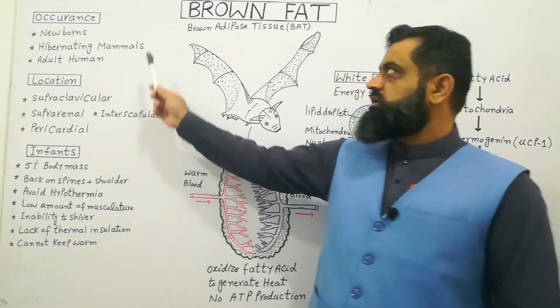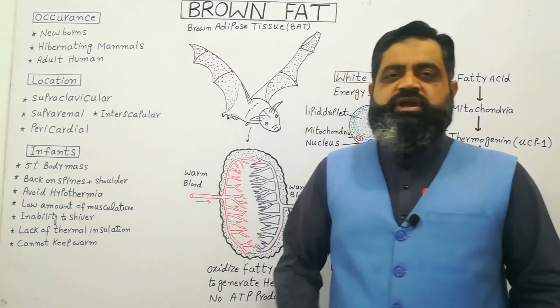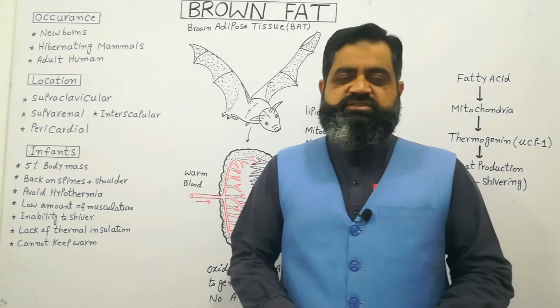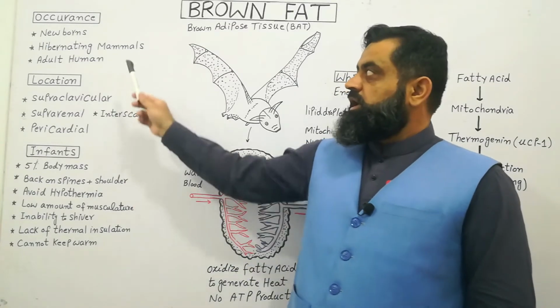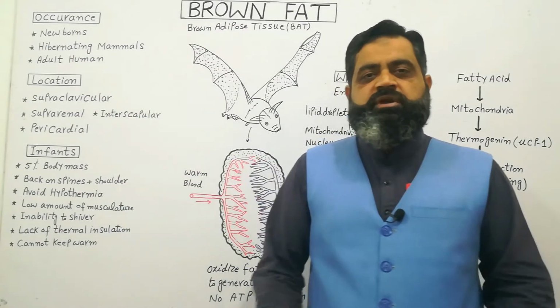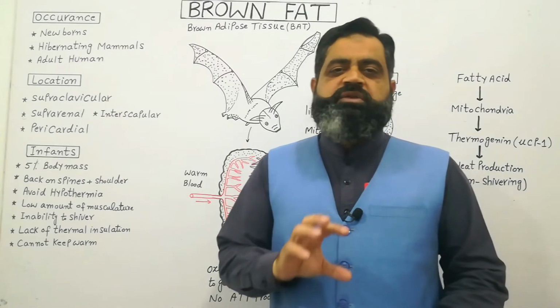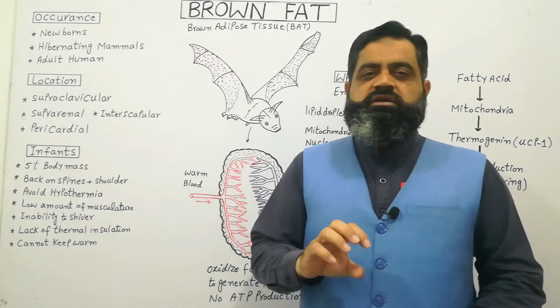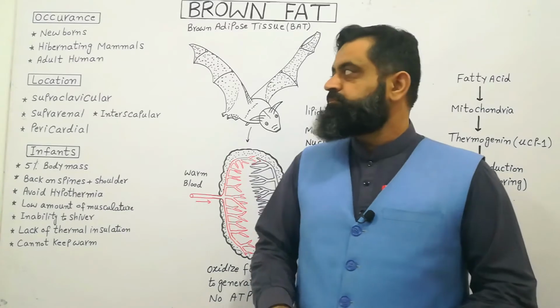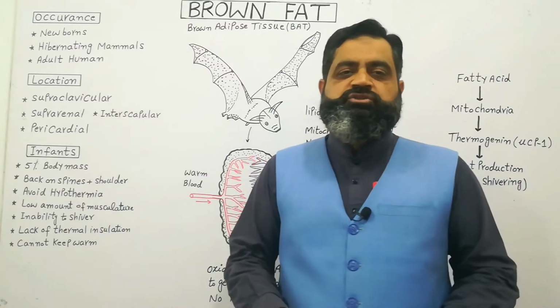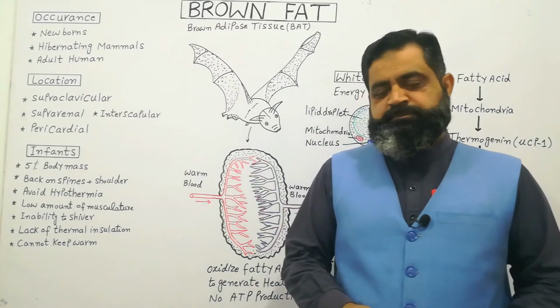Brown fat is present in newborn infants of all mammals, in hibernating mammals which hibernate during winter, and in those mammals which live in very cold weather. Adult human beings also contain some amount of brown fat.